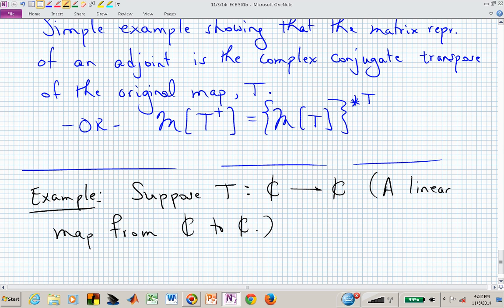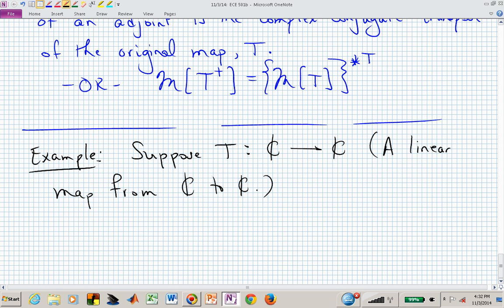So now we're going from complex to complex. We can now illustrate that by saying we have T of X is, let's say, A of X, where A is in our field of numbers, which we are saying is complex, and X, our vector, is also an element of the complex numbers.